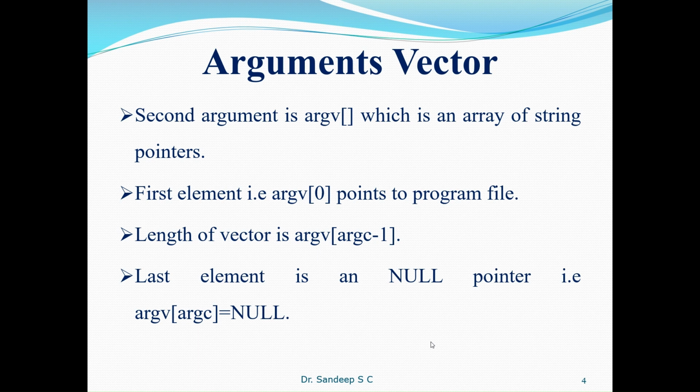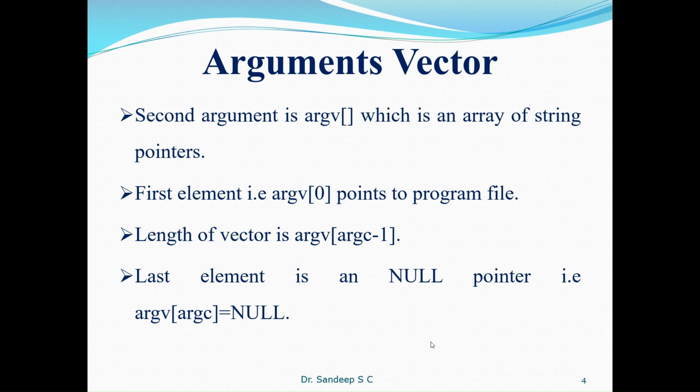So the first element of the argv vector points to the program file. Just now we discussed that argc's default value is 1. That one count is given because argv will always contain one pointer pointing to the name of the program file.